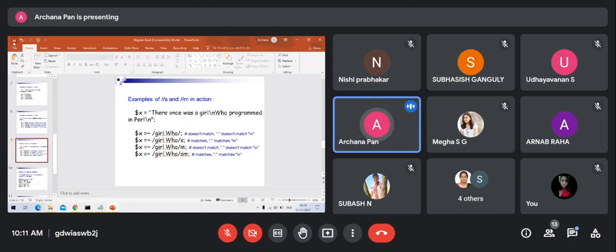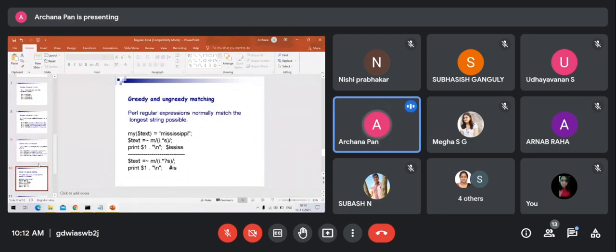So, what is the meaning of this one? See this one. All these things I took from a Perl tutorial, I think this example. Perl regular expressions normally match the longest string possible. So what is the meaning of that?